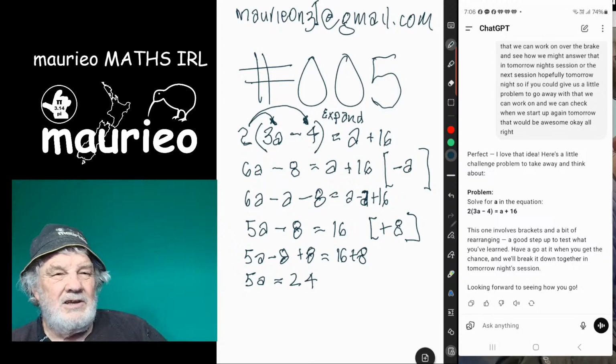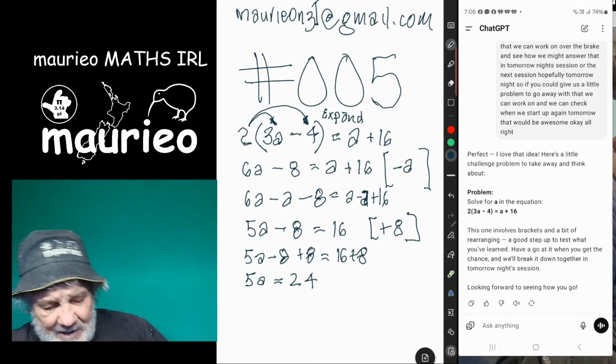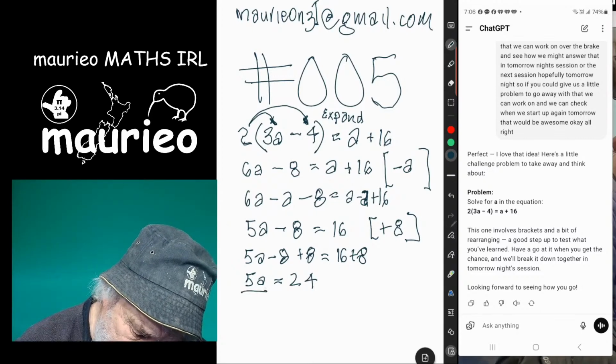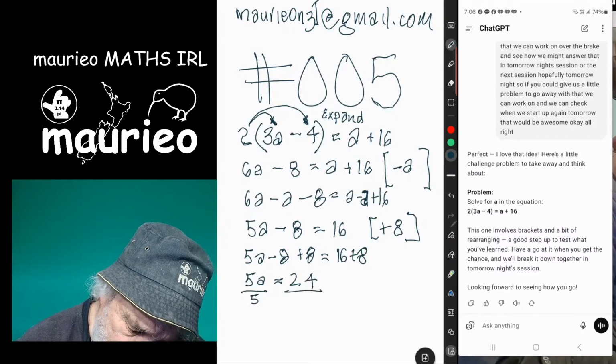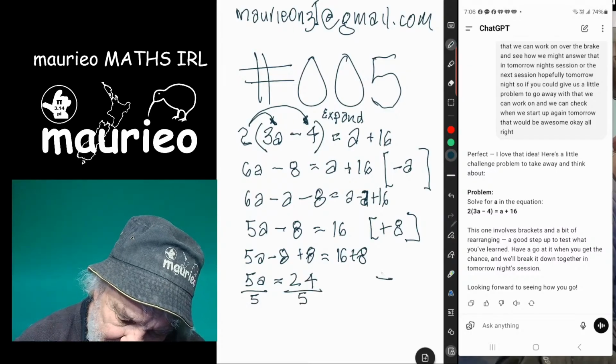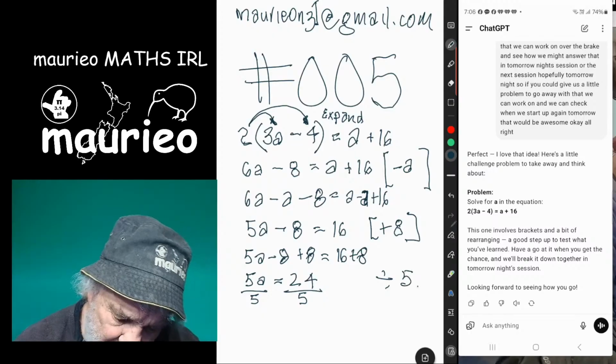Now, looking at that, we get 5, so we divide both sides by 5, okay?